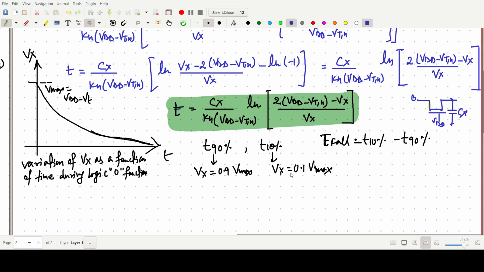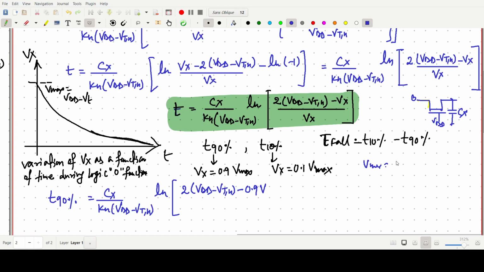So any time period, time at 90% we can find as Cx by Kn (VDD minus VTN) times ln of twice (VDD minus VTN) minus Vx, where Vx becomes 0.9 times Vmax. Vmax is VDD minus VTN.